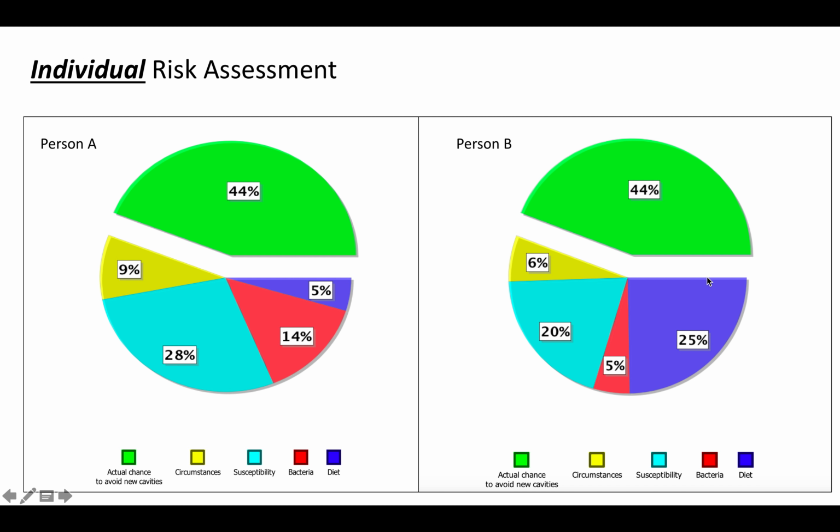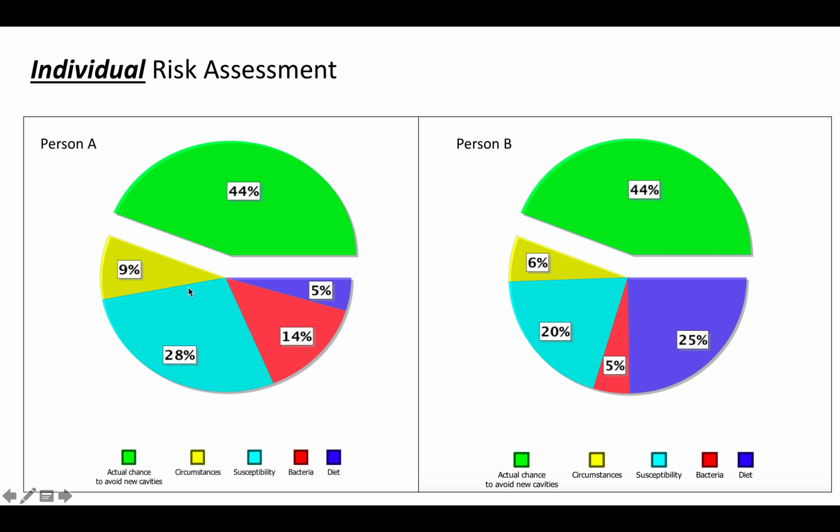So you can see that if we give dietary advice to our patients, which is commonly what dental practitioners do, for this person, dietary advice would be quite appropriate because 1/4 of their risk appears to be related to diet. However, if we gave the same dietary advice to this person here, it wouldn't help them terribly much because their diet is not the risk factor that's contributing most to their risk.